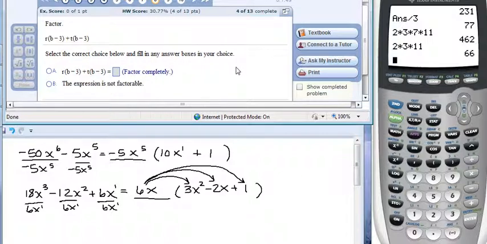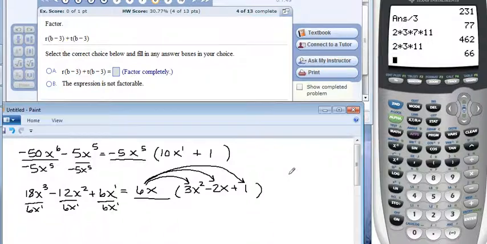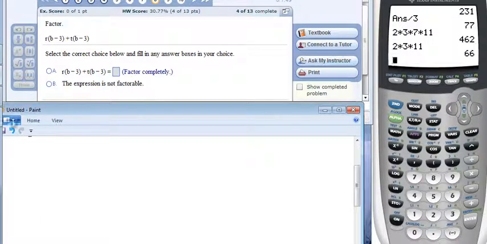All right, so now we're going to start looking more toward a method called grouping. All right, so I have two terms here. Here's one term, and here's another term. Okay, terms are always separated by pluses and minuses. Now this is multiplication. This is r times something plus t times something.